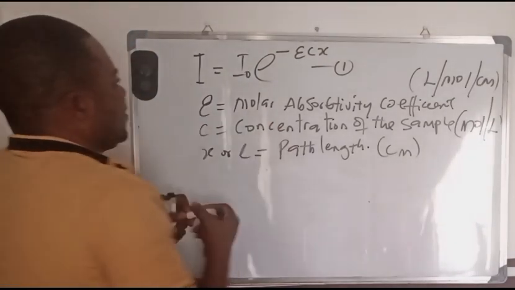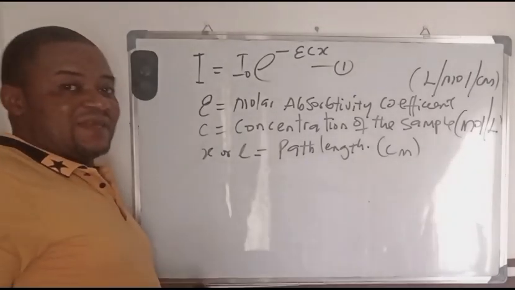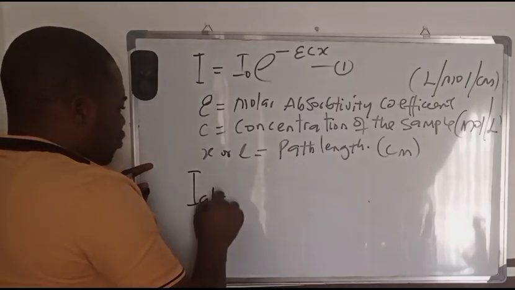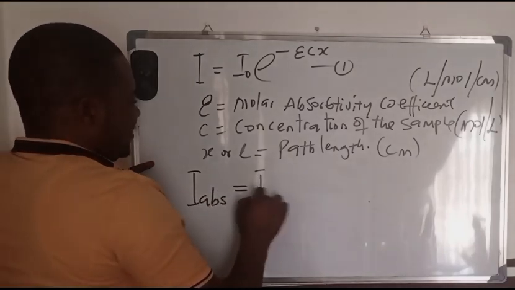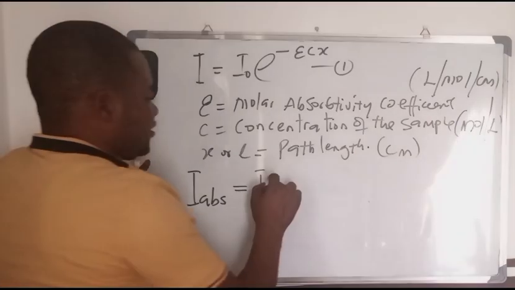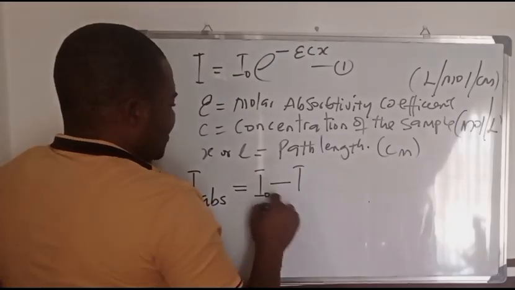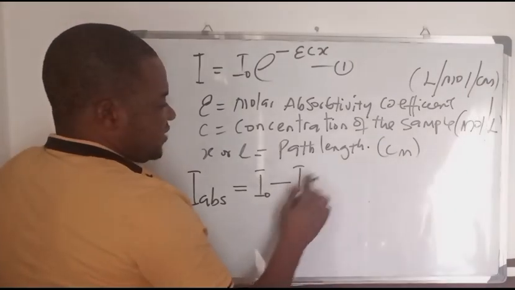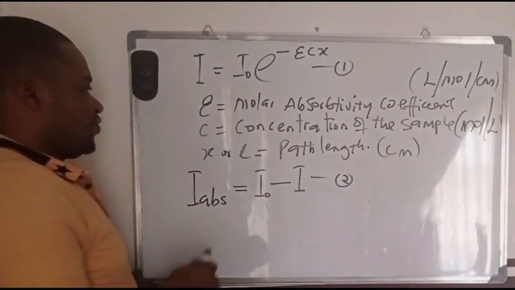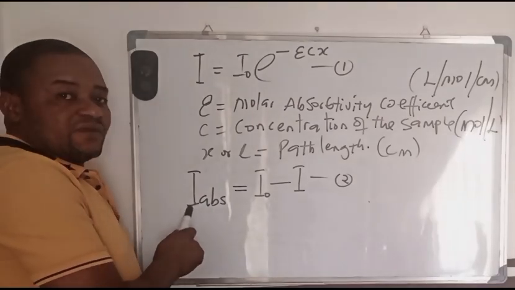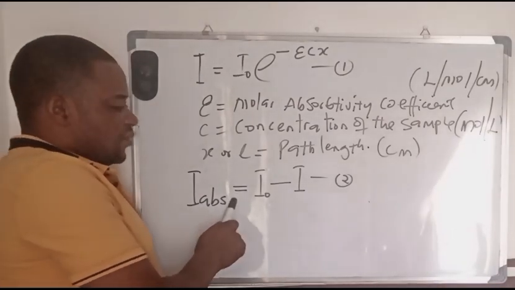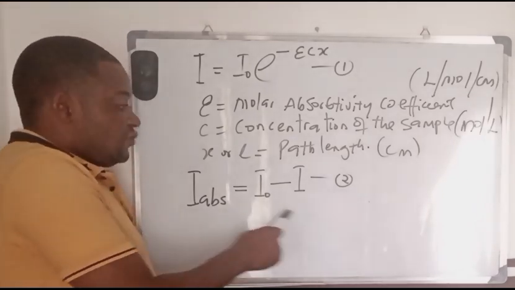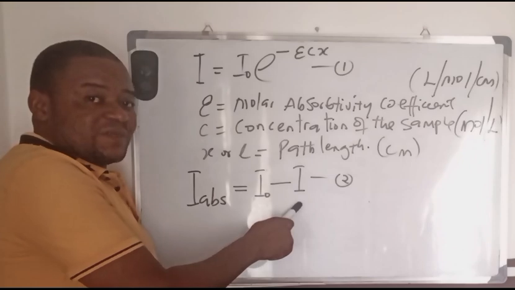Now if we have this equation, originally the absorbed radiation is given as the incident radiation minus the transmitted radiation. So the intensity of absorbed radiation equals the intensity of the incident radiation minus that of the transmitted radiation. Of course, you know that incident radiation is higher than the transmitted radiation.